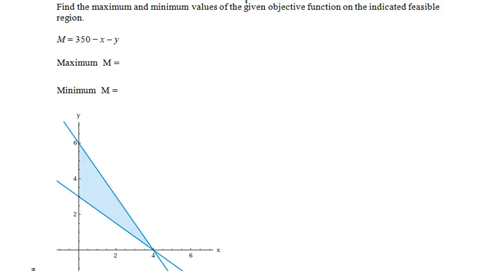We're going to find the maximum and minimum values of the given objective function on the indicated feasible region. The objective function here is m. It is a function of both x and y.